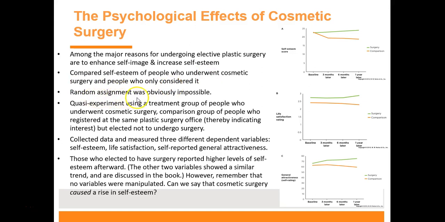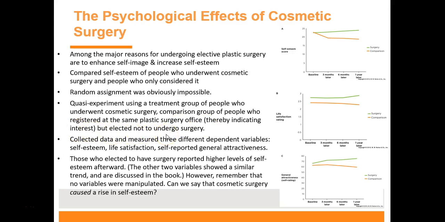Now again, random assignment was impossible. You can't randomly assign some people to get plastic surgery and some not to. So they compared people who underwent cosmetic surgery to a comparison group of people who registered at the same plastic surgery office. So they were probably interested, but then elected not to have the surgery.